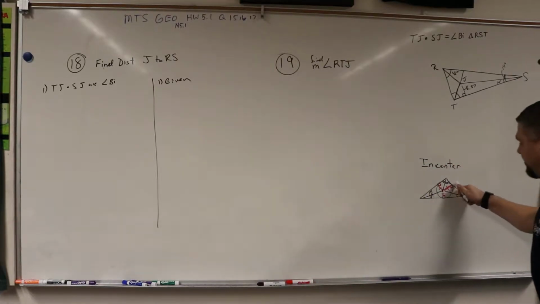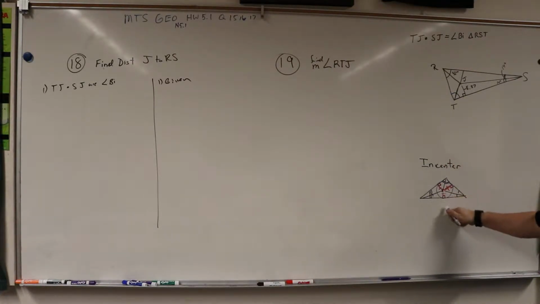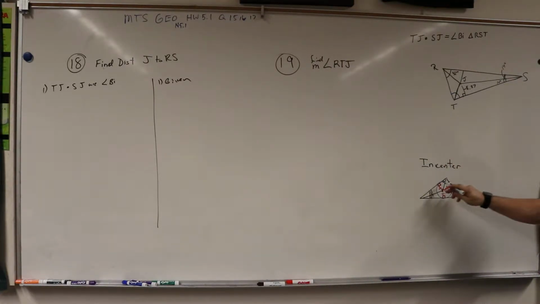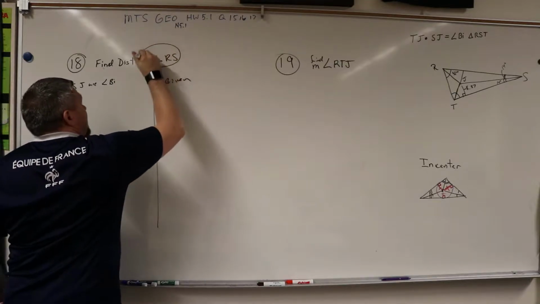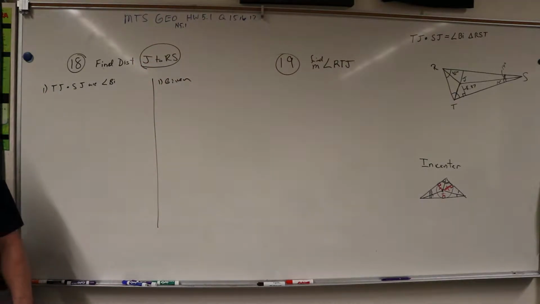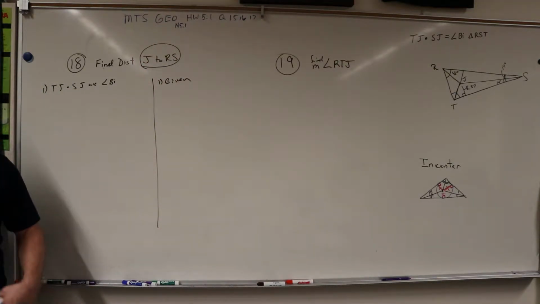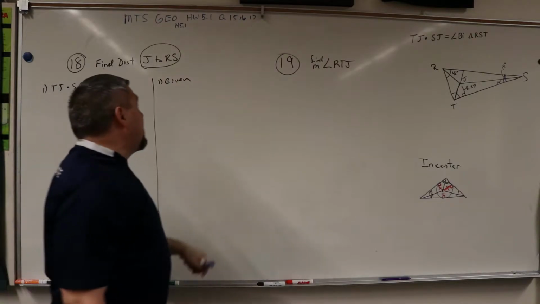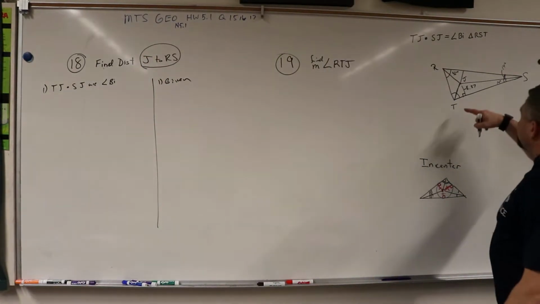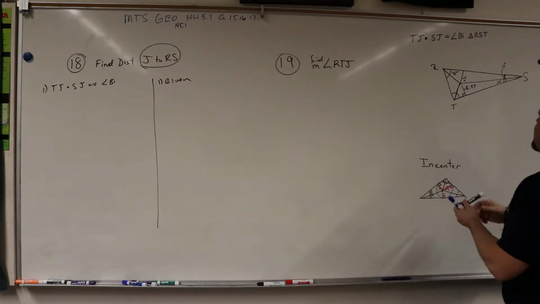That means these perpendiculars from the in-center are also congruent. Now here, they're not talking about an angle, they're talking about a distance. So what we want to do is go after the distance. If we're looking for a distance, RS, we're looking for this distance.